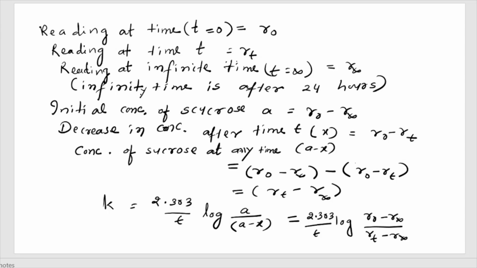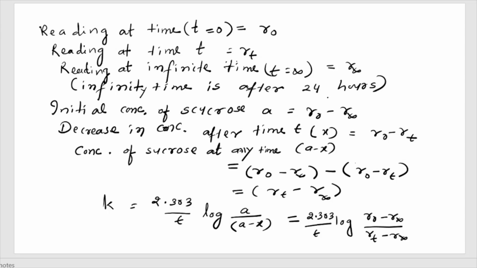Similarly, decrease in concentration after time t: what amount is consumed or undergoing reaction? That is X. Then what is that value? R0 minus RT. When it is infinity, R0 minus R infinity. After time t, X equals R0 minus RT.